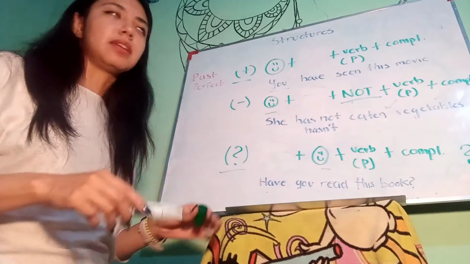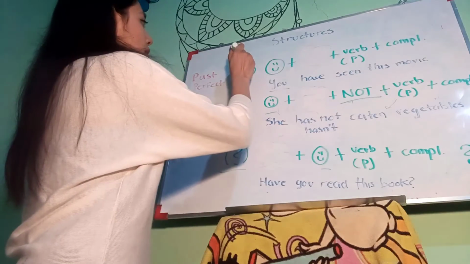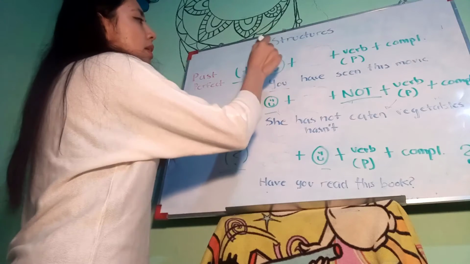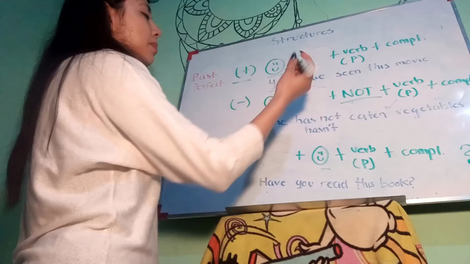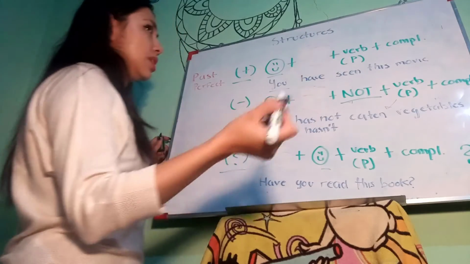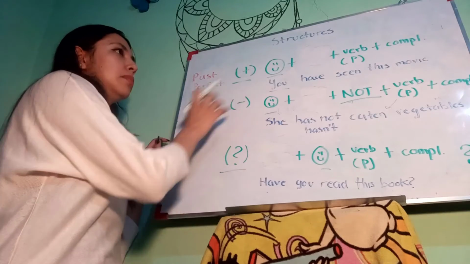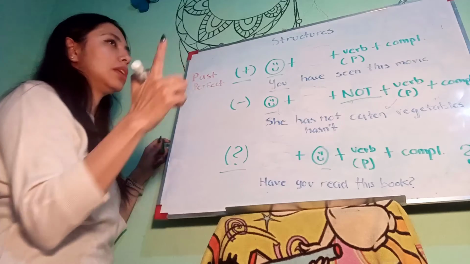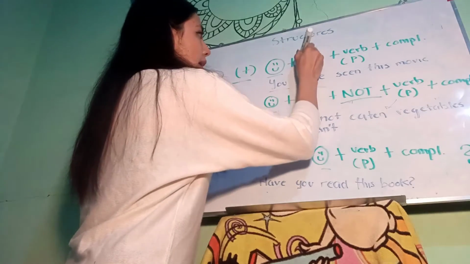In this case, it is easier. For example, in the positive form, we have again my subject, and what happened here? I need my auxiliary. If in the present it was have and has, in the past perfect we need only one auxiliary for all the subjects, that is had.